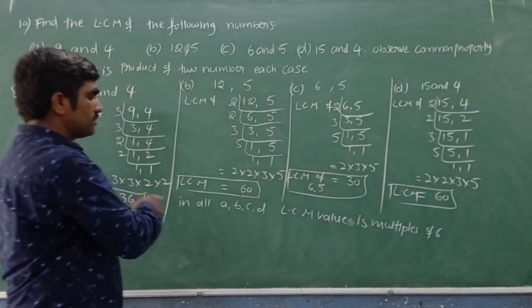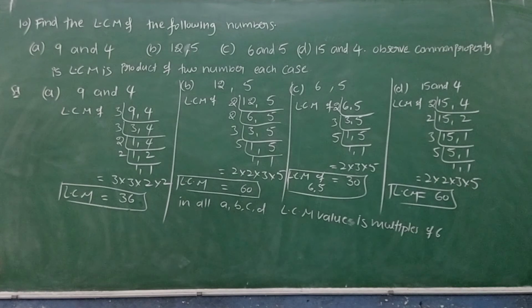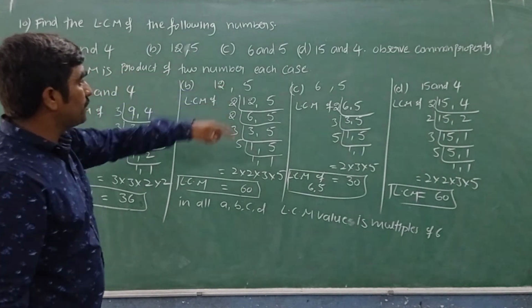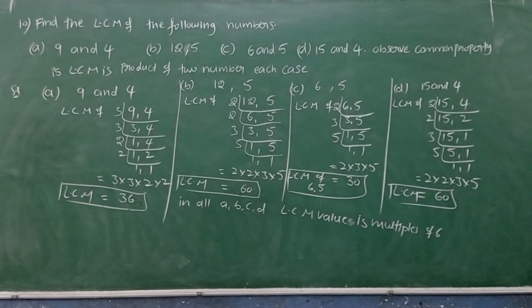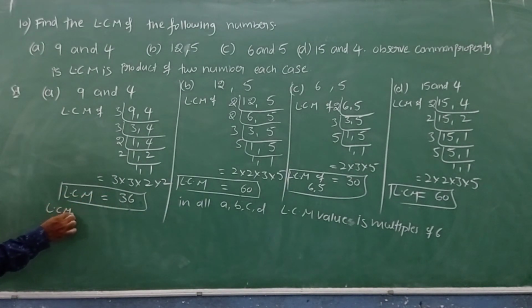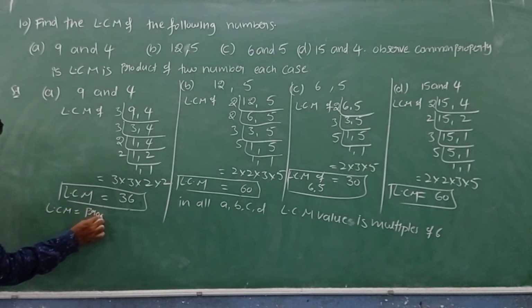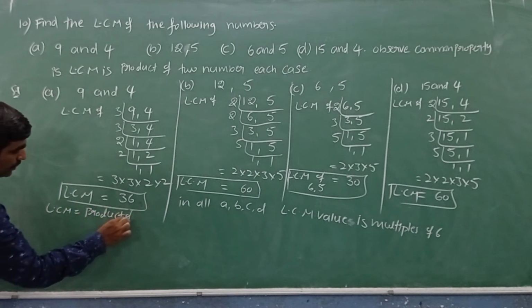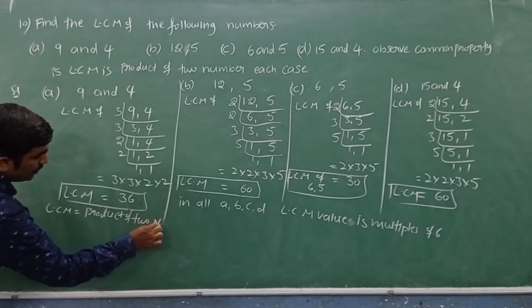All the LCM values are multiples of 6 only. You can see there. And also they are asking, is the LCM the product of the numbers in each case? Here I got the LCM. They are asking whether the LCM is equal to the product of the two numbers or not.